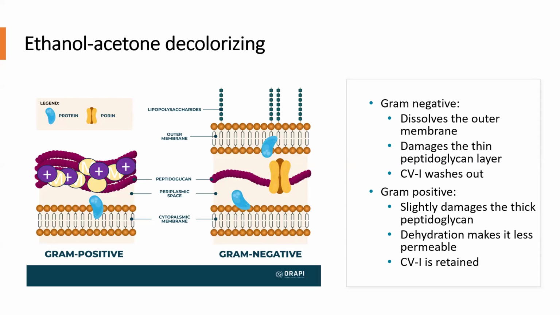However, for the gram-positive, the cell wall is so thick that it might dissolve out some of the stain, but some is going to be left over. So if we looked at it at this point, the gram-positive would look purple and the gram-negative would look colorless.